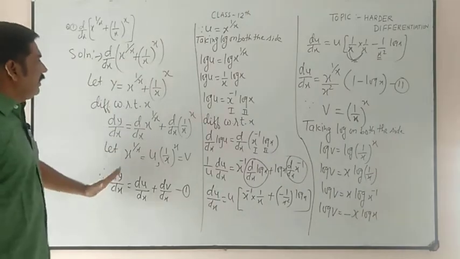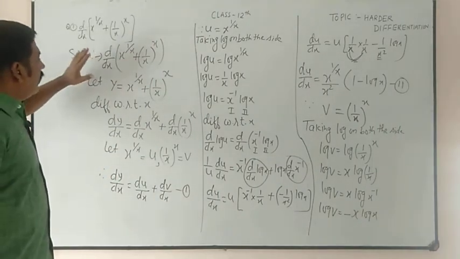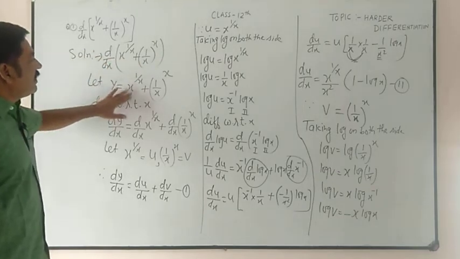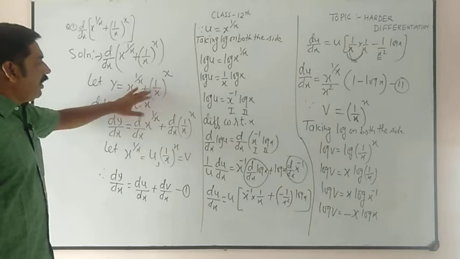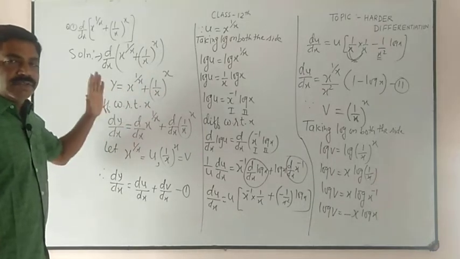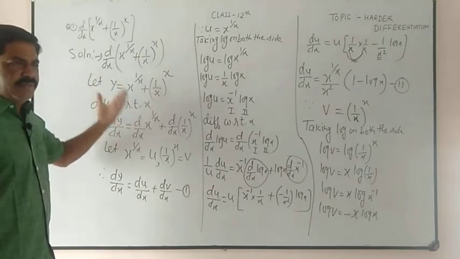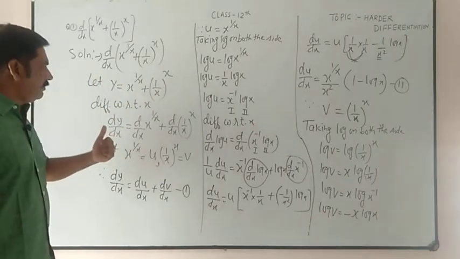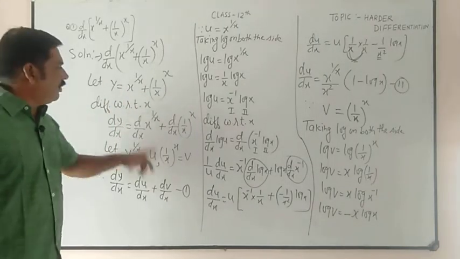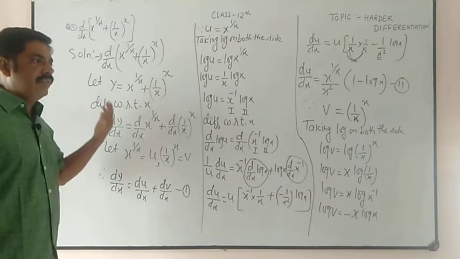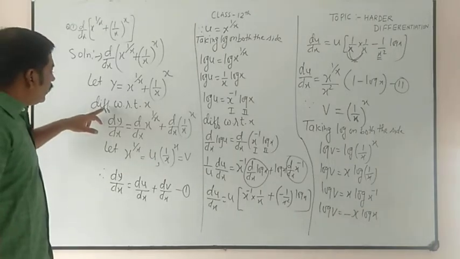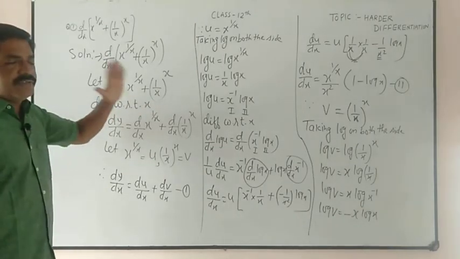So first of all, see again, because there are two terms, let y is equal to x raised to 1 upon x plus 1 upon x raised to x. Since there are two terms, and we know that for variable raised to variable we have to take log on both sides, but in this situation we can't take log on both sides because there are two terms and there is no law for log of a sum. So direct differentiation with respect to x.